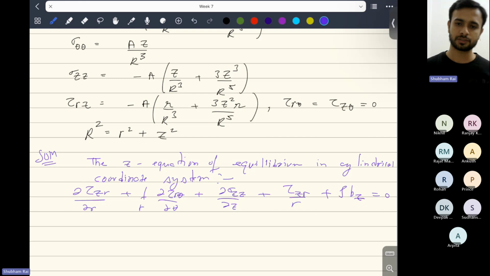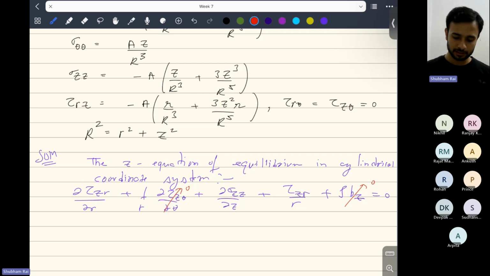The body is not accelerating, so that is 0. The body force is also given to be 0. This will be z theta because we have taken the z coordinate equation. Tau z theta is given to be 0, so its differentiation with respect to theta will also be 0, because it is always 0.